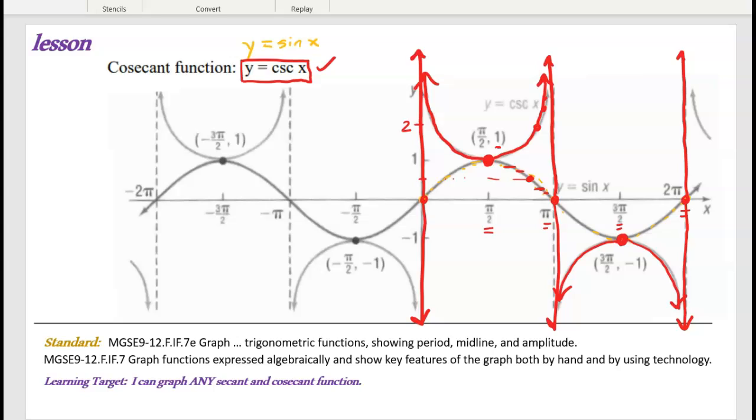Well, if you have 1 maximum, you should have a curve blasting out and up. And for that minimum value, you should have a curve, a branch. We call this one branch of the function, a second branch of the function. So if you have 2 humps on your sine, you should have 2 branches or curves with 2 arrows for your cosecant. All right, that's what you would graph.